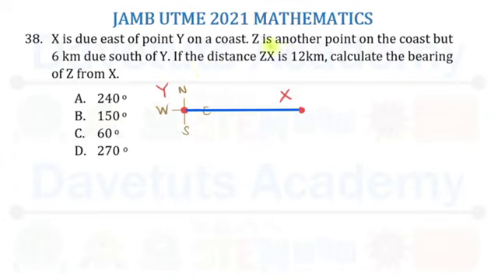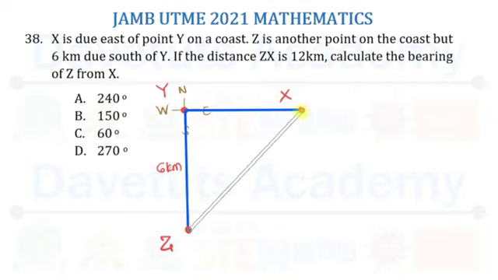Then we are told that Z is another point on the coast, but 6 kilometers due south of Y. So again, we are going back to Y and taking 6 kilometers due south. Let's say we have this as our 6 kilometers, we'll get to point Z. And the distance ZX is 12 kilometers.